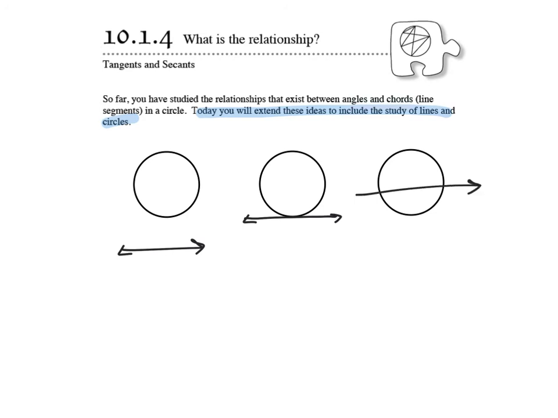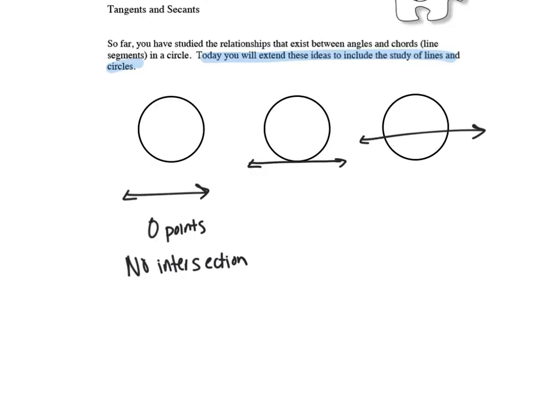A line can have 0 points of intersection with a circle, or it could have 1 point of intersection, or it could have 2 points of intersection with a circle. There are no other possibilities. If a line touches a circle once, it is called a tangent. If it intersects a circle twice, it is called a secant. We will be studying tangents and secants briefly today.